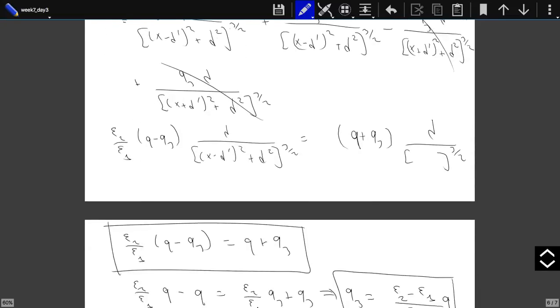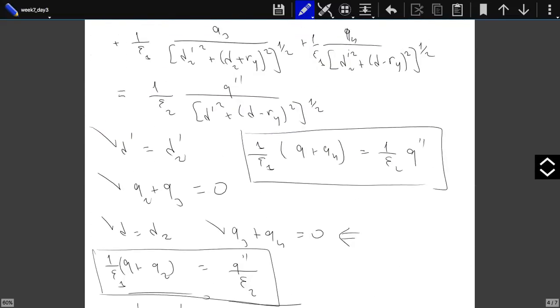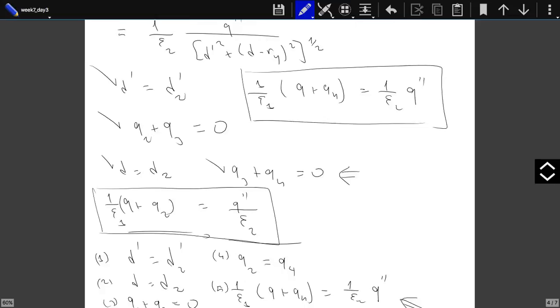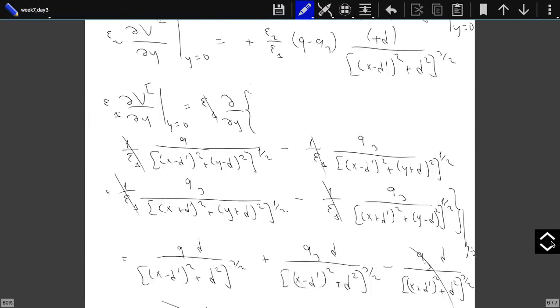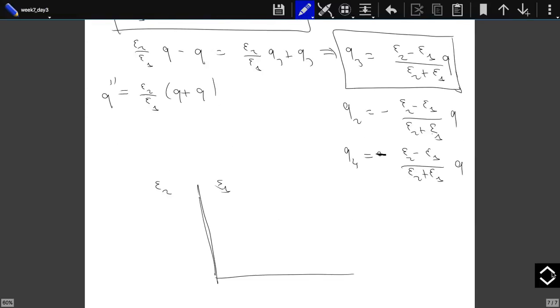Q plus q4, and q4 is q2, which we have over there.